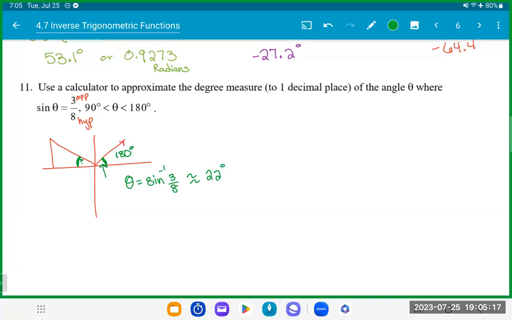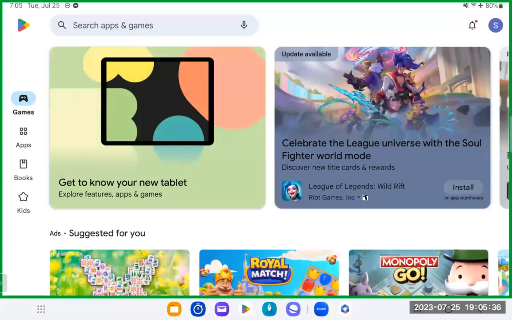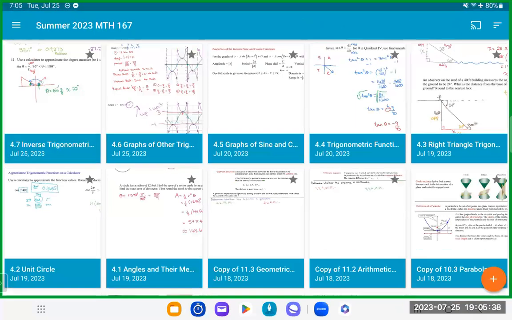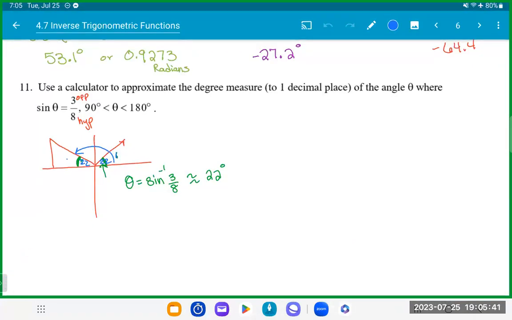So if I want to know how much this angle is here, this is approximately 22 degrees. So I can do 180 minus 22 degrees, and that's going to give me approximately 158 degrees for that angle.